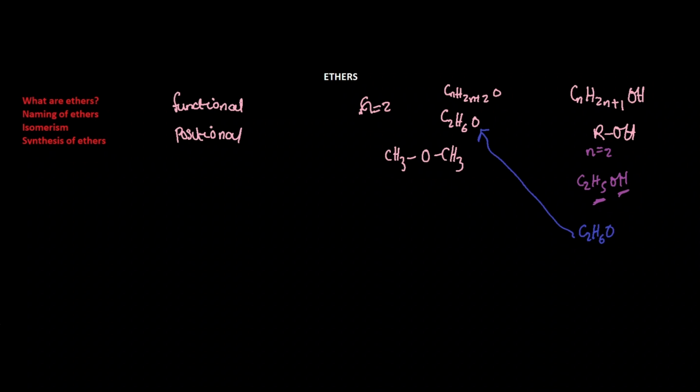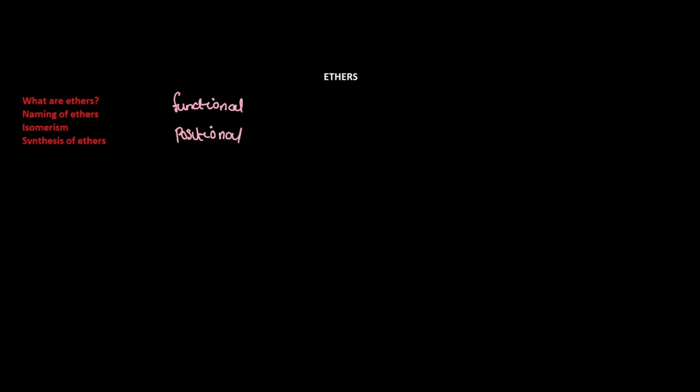Now let's take a look at positional isomerism. Positional isomerism has to do with the existence of isomers which have varying positions of the functional group for a given molecule. If the functional groups occupy different positions in the carbon chain, then we have a positional isomer. For this, we would be considering when n equals 4, such that we have C4H10O.